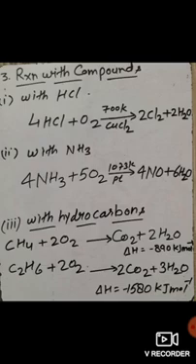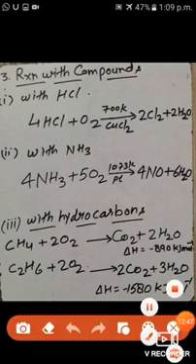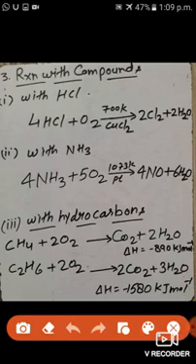Here we take 7 upon 2 O2, that is the ratio of oxygen: C2H6 plus 7 upon 2 O2 gives 2CO2 plus 3H2O. Okay, so those are the reactions.